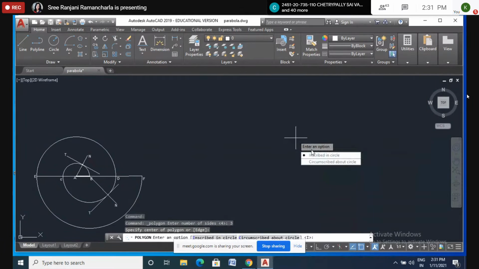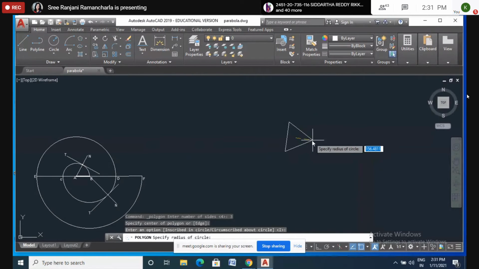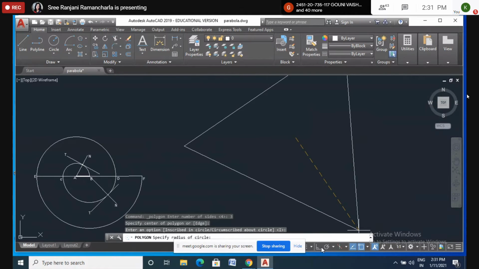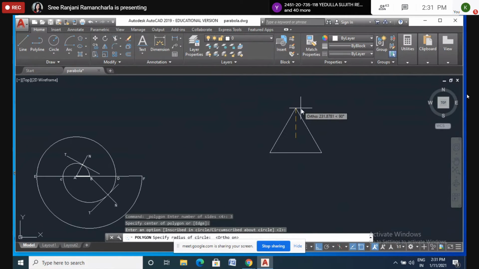Then I want to specify here whether the polygon is inscribed in a circle or circumscribed about a circle. Here, inscribing. Okay. So you can see it. So if I want to take like this, I'll take the option of this one. Then here it's showing the length also.